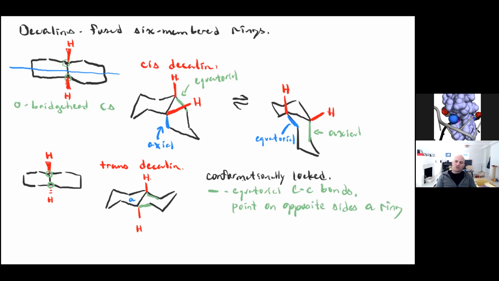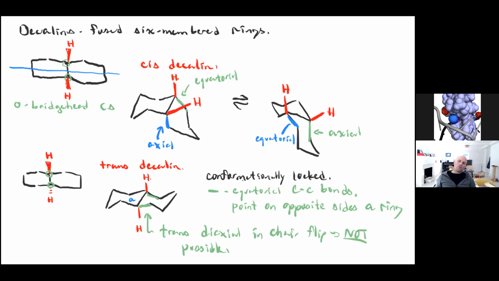The way I've drawn it, they're di-equatorial. If you attempt to do a chair flip of the A ring, don't let the Decalin structure confuse you. What happens when we do a chair flip? Everything that's axial goes equatorial. Everything that's equatorial goes axial. And so if I attempt to flip this, these green bonds have to go trans-diaxial. And that is just not possible.